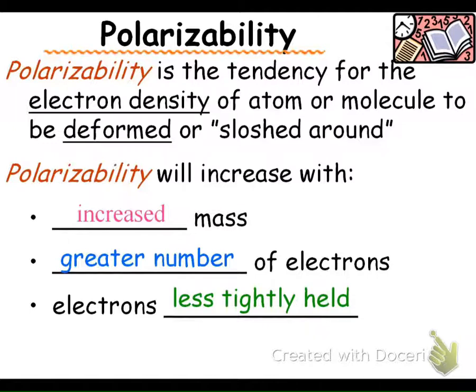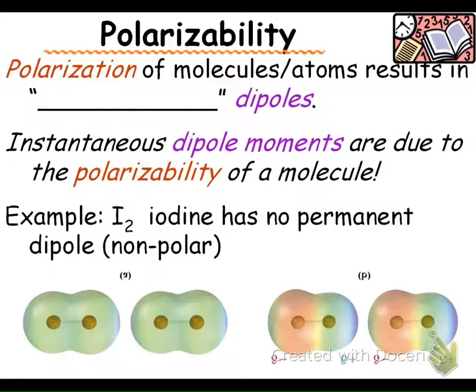Because of the Heisenberg uncertainty principle, we don't know the speed or the location of any given electron at any time, and so sometimes there could be a greater electron density on different sides. So something with more mass, more shells, and a greater number of electrons is going to have electrons that are more polarizable and more sloshable, if you will. And so they will actually have more dipole moments.